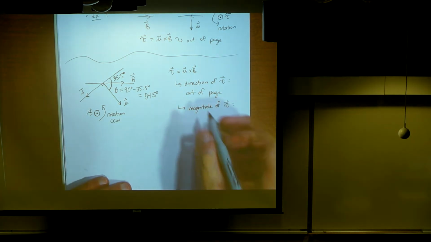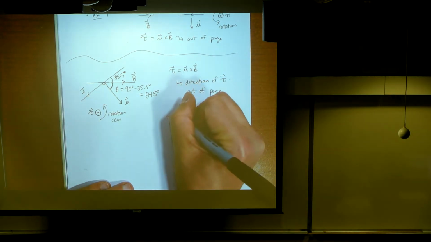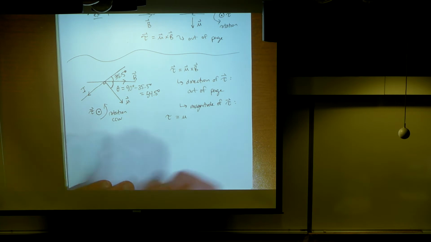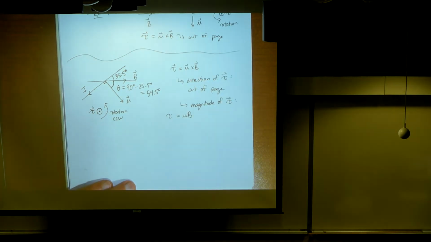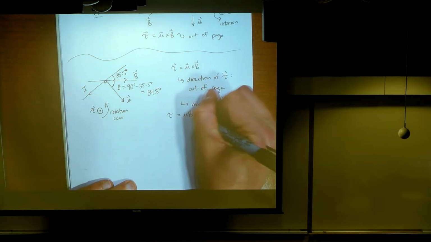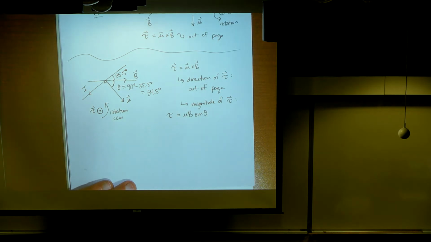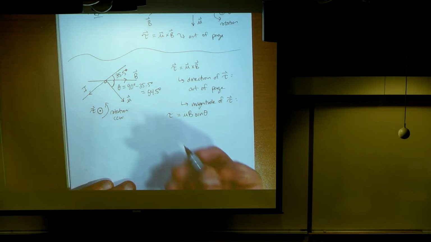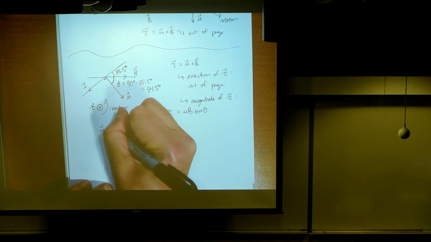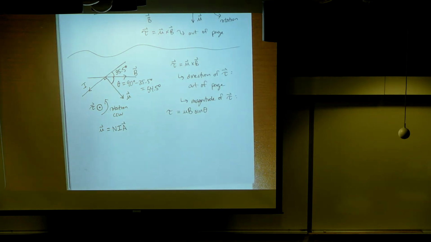It's a cross product, so just like every other cross product we've seen, magnitude is the magnitude of the first vector, which is mu, times the magnitude of the second vector, which is B, that's our magnetic field, and then sine of the angle between them, which is what we worked out over here. But one more step we should remember, because mu, if you recall, is just a shorthand way of saying N times I times A. That's what it means.